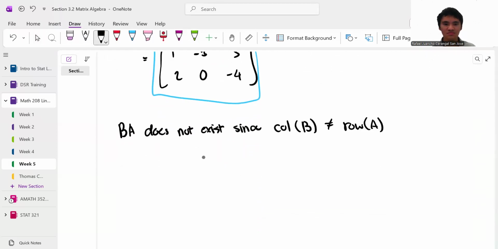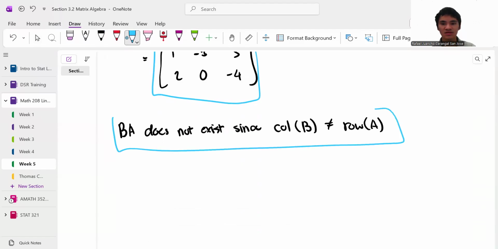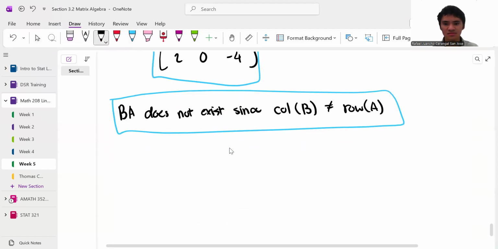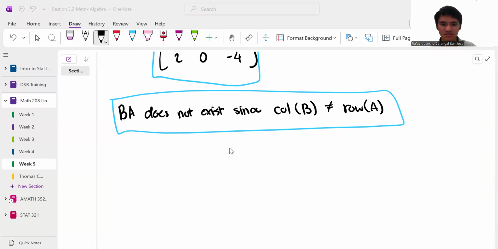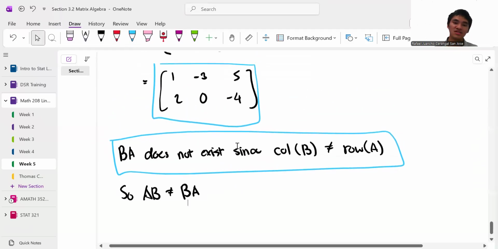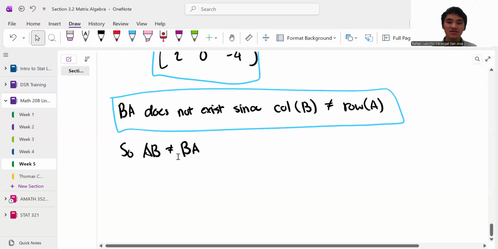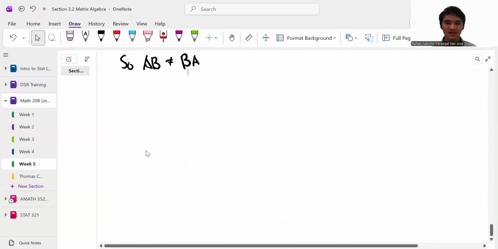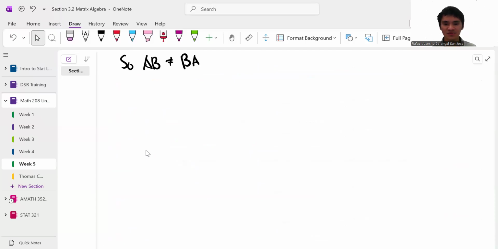Okay? So this doesn't exist. So we say that AB is not the same as BA. So this idea of commutativity does not work for matrices, at least that's what this is trying to show.